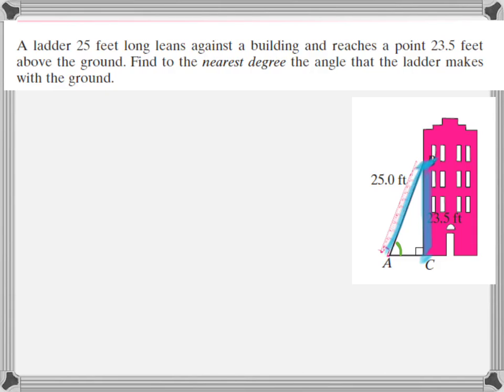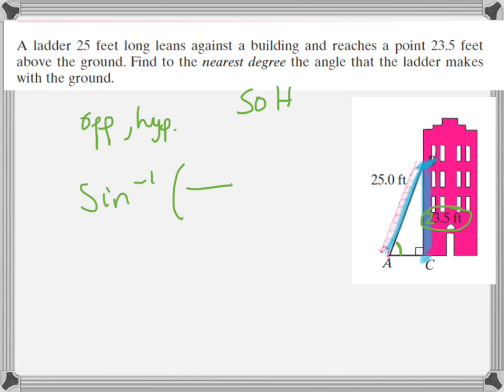Now, what we're given is that the length of the segment opposite of A is 23.5. So we have the opposite side length, and we also have the hypotenuse. If we remember, the sine ratio deals with opposite and hypotenuse. So we want to put into the inverse sine the opposite, which is 23.5, over the hypotenuse, which is 25, and calculate that.